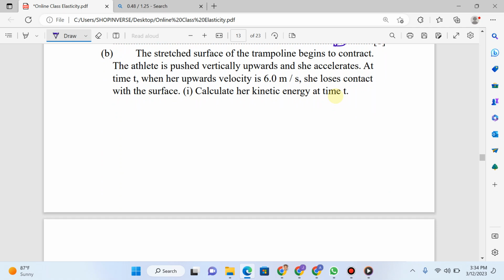Okay, when she lands on the trampoline, it contracts, and then due to the elastic nature of the trampoline, it would push her upward. So she would lift, and the trampoline would push her upward and become perfectly stretched out, while she starts going upwards.